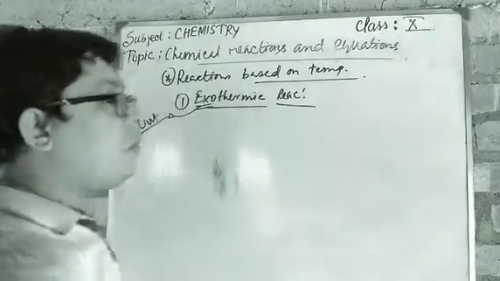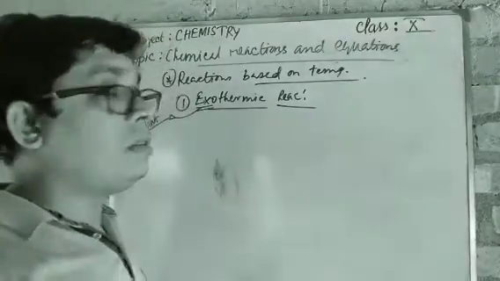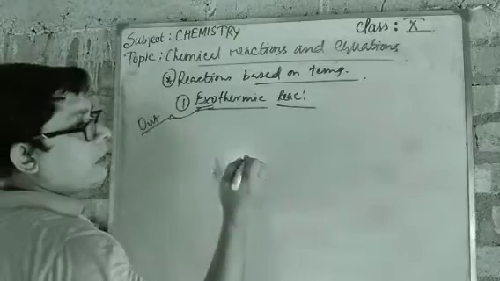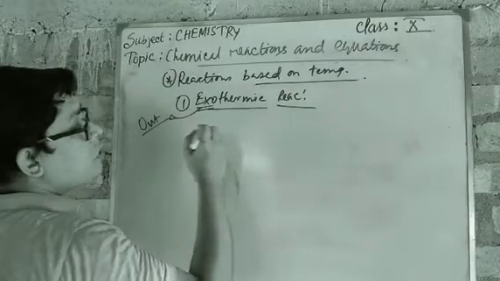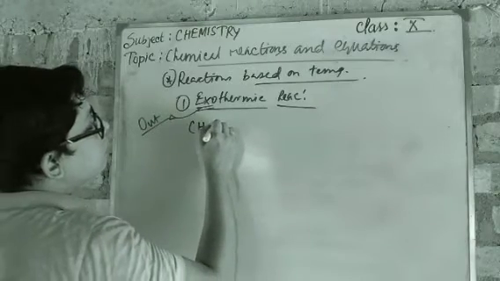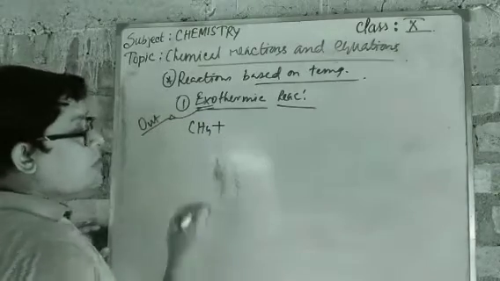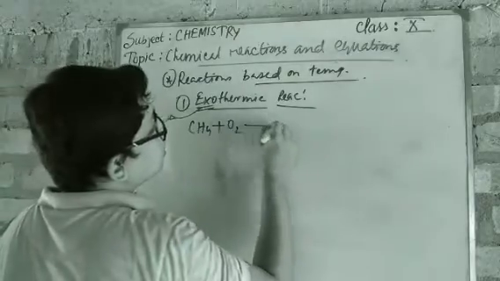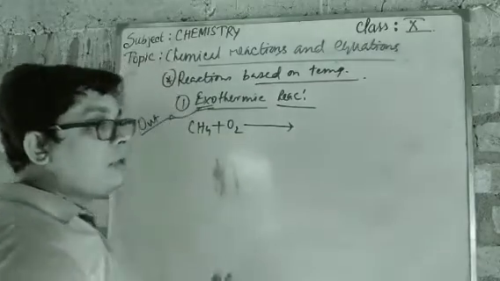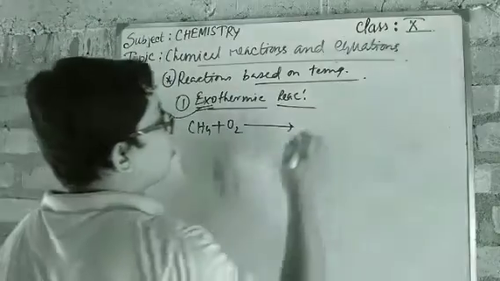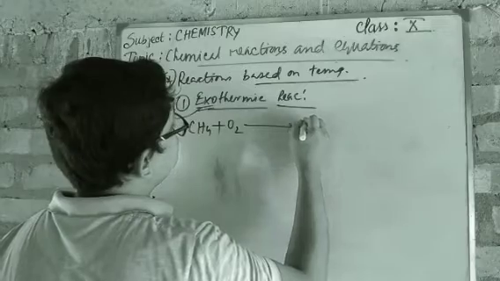Okay, let's go for exothermic reactions. One example: here we will take natural gas. What is natural gas? That is methane gas, we know that, right? So methane gas, when it comes in contact with oxygen, then it burns, and when it burns, it produces or releases temperature. So let's go for it.